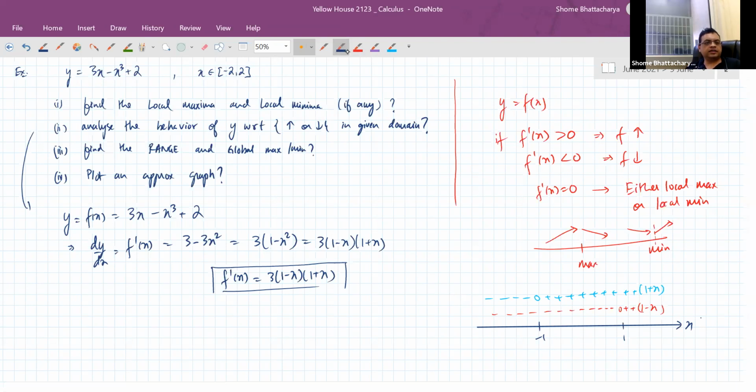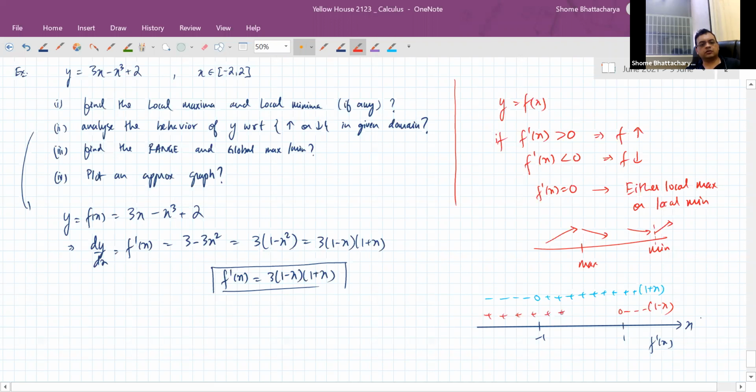So you can see that the derivative of the function f'(x), it is positive. Oh, I made a mistake here. This should be the reverse of this one. It's 1 minus x and not x minus 1. So 1 minus x is negative the moment x becomes greater than 1, and positive for values less than that.